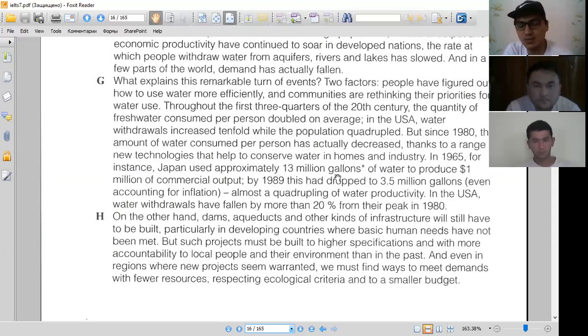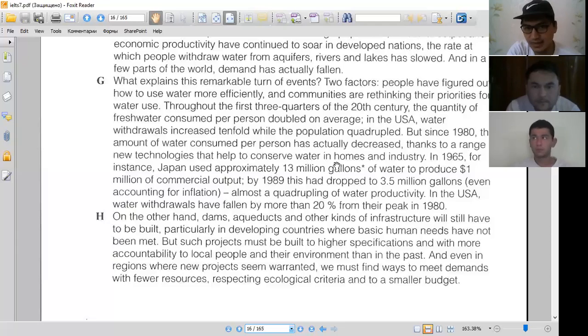Let's count other words for domestic: house, home, right? Demak, house, home ham chiqib qidirishimiz kerak yoki domestic ham chiqib qolishi kerak shu atrofda. Mana homes. Can you see? Yeah. Thanks to a range of new technologies. Qarang, yangi texnologiyalarning xizmatiga, ya'ni bir qator tizimiga katta rahmat. Demak, u degani shular help yordam beryapti to conserve water in homes and industry.